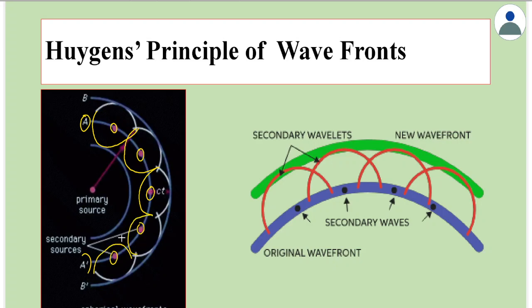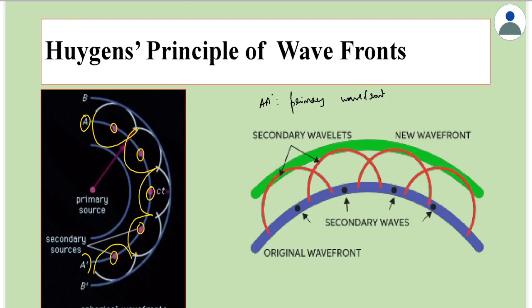So the first point is every point on the primary wavefront. Here this A dash is called the primary wavefront. Keep in mind that the same argument can be used for a cylindrical or plane wavefront also. From here, secondary wavelets are emitted.